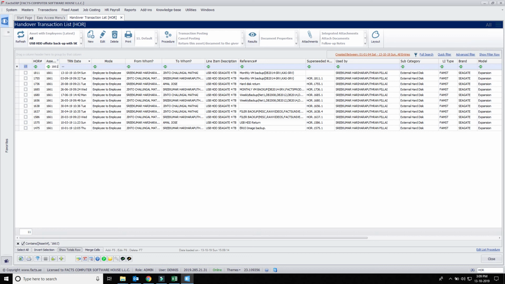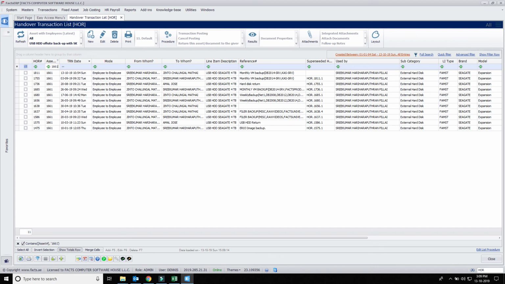In case there is a missing data entry, because sometimes I just hand over to him and I did not book a transaction for this, then when Jinto comes back and gives the asset to me, we can identify that there is a transaction missing in between because it was not recorded.